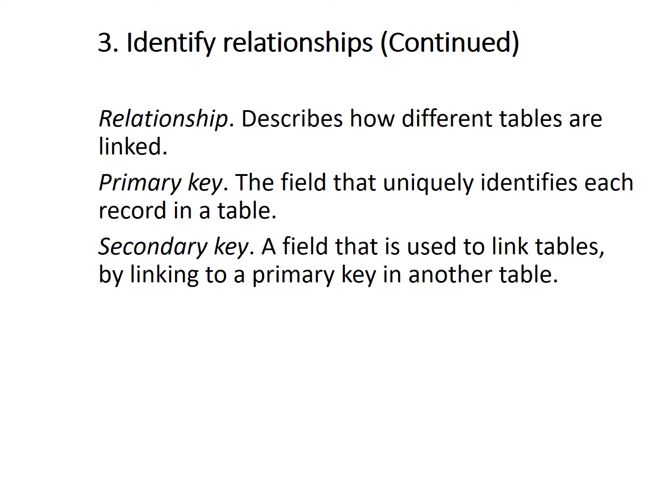Continuing still, the relationship describes how different tables are linked. We talked about different tables being linked by a separate field which is common in both database tables, allowing you to link those two tables together on any specific customer or product. So the primary key is the field that uniquely identifies each record in a table, and the foreign key is a field which is used to link tables by linking to a primary key in another table.